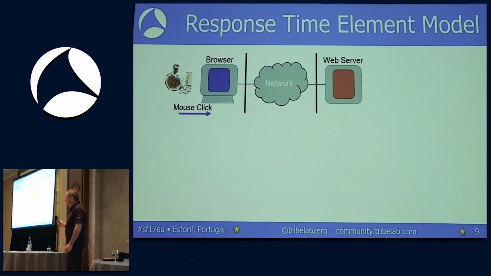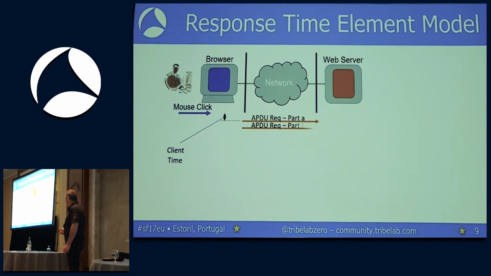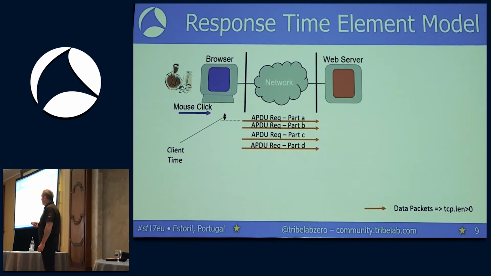Consider the situation where the user clicks on a button, the browser spends some time processing that, maybe runs some JavaScript or whatever it does, and then it sends a request to the web server. The request is too big to fit in a single packet, and so it gets split across a number of packets.